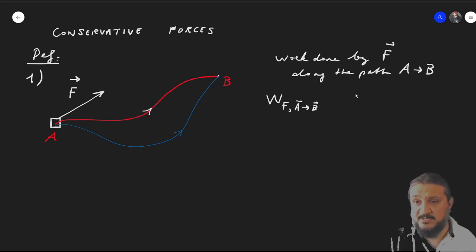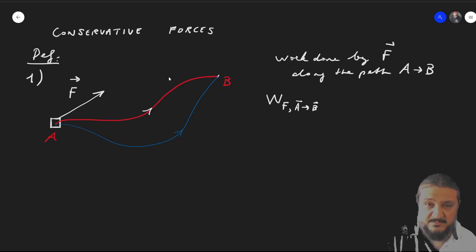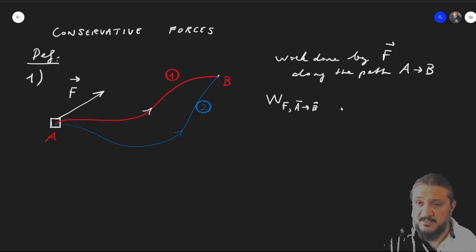So using the same notation, only change the path number. So this is path number 1. And this is path number 2. Okay, so I'm going to add a letter here. 1.